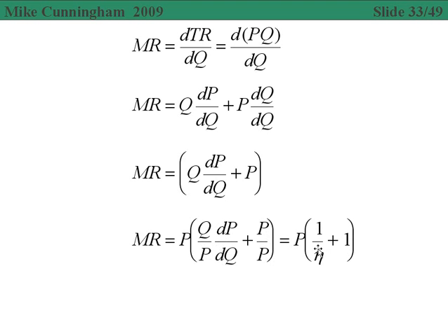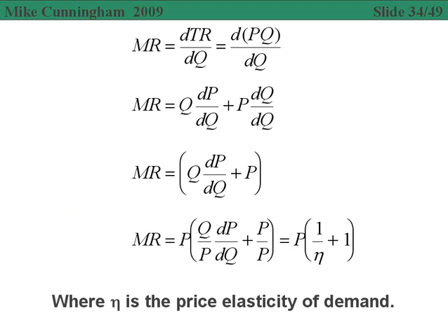So there's the reciprocal. So eta, this one here, is just equal to this expression here. It's the elasticity expression upside down. So eta is the elasticity of demand. So now marginal revenue is equal to the price into 1 over the elasticity plus 1.